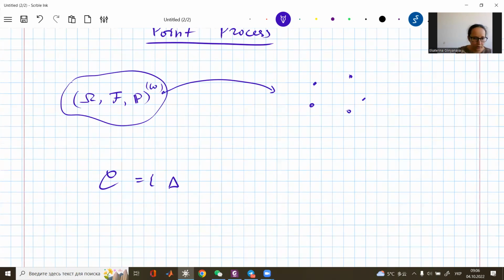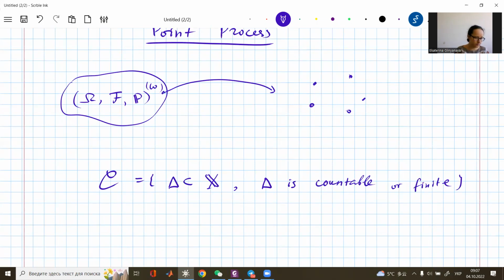At first, we can consider, okay, let C be the set of all countable subsets of our space. So let us write this. I will consider subsets of my space X such that the subset is countable or finite. Okay, so this is the space of all configurations.